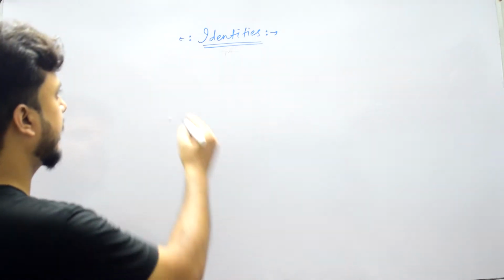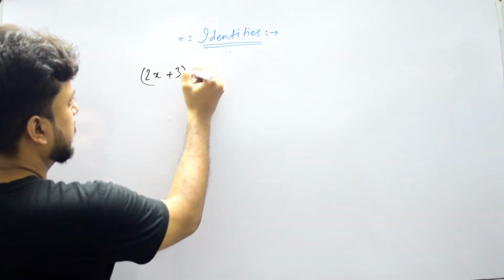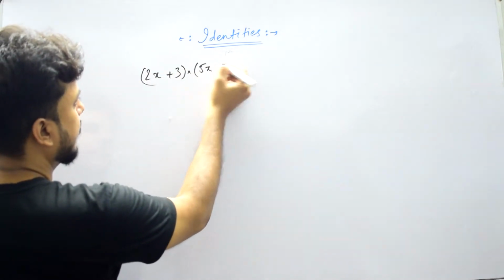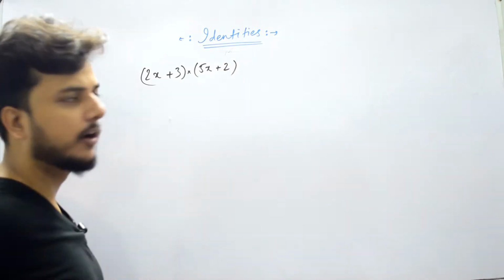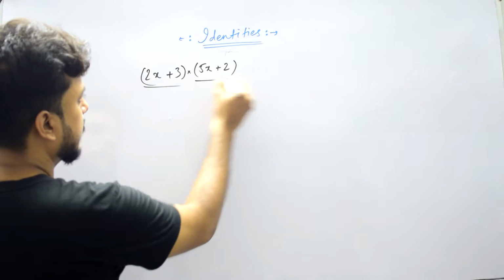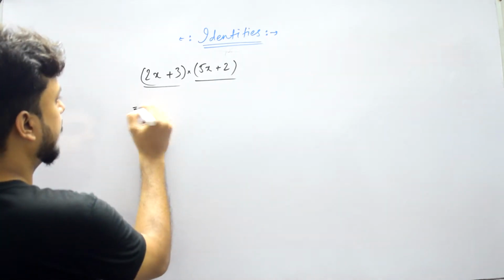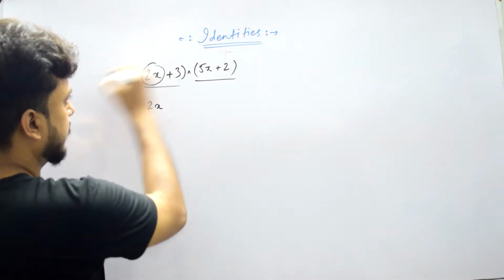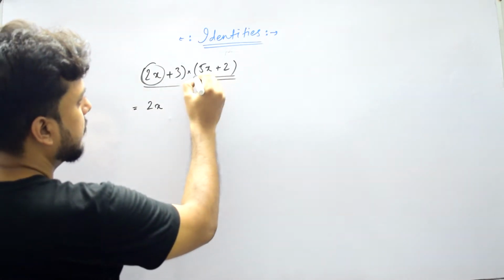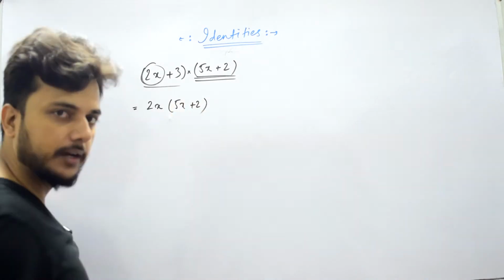Suppose we have a question (2x + 3) multiplied by (5x + 2). Now see what we have to do here. Whenever two terms like this are in multiplication, first of all we write 2x, and this 2x multiplies with the whole term 5x + 2.